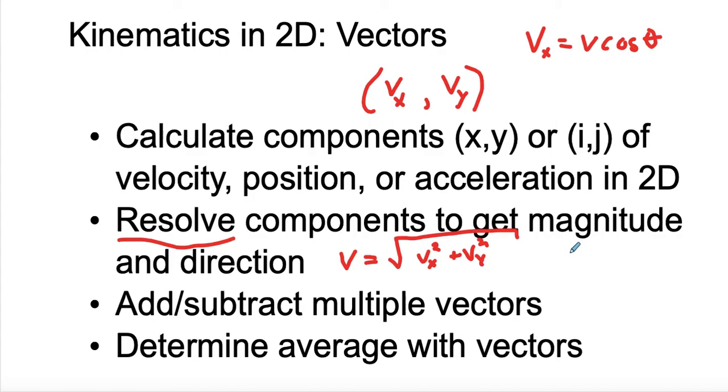And then the tangent of your angle is the y over the x. And so you should be able to manipulate vectors with those things. Add, subtract vectors, determine average with the vectors, and all of those things. So those are things that you will need to do with 2D vectors.